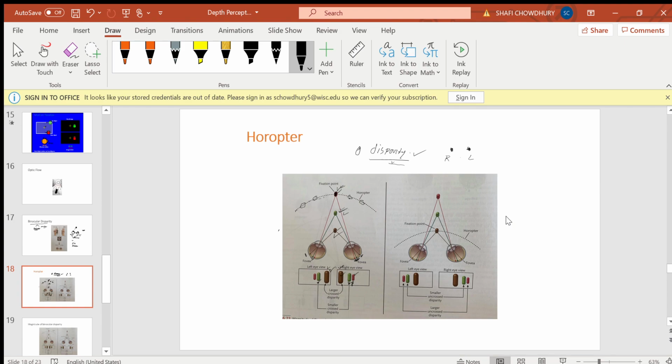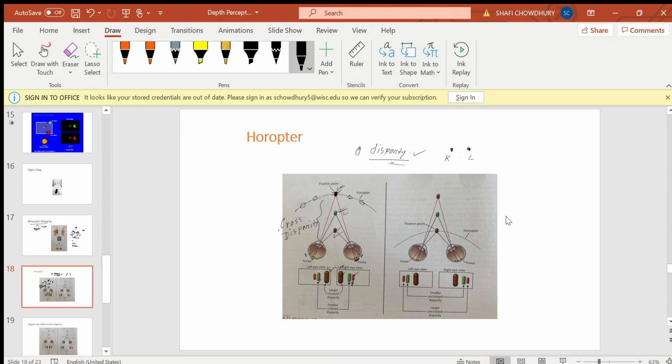Now the angle, we talked about that before. All these are called crossed disparity. So anything nearer than the fixation point has crossed disparity.